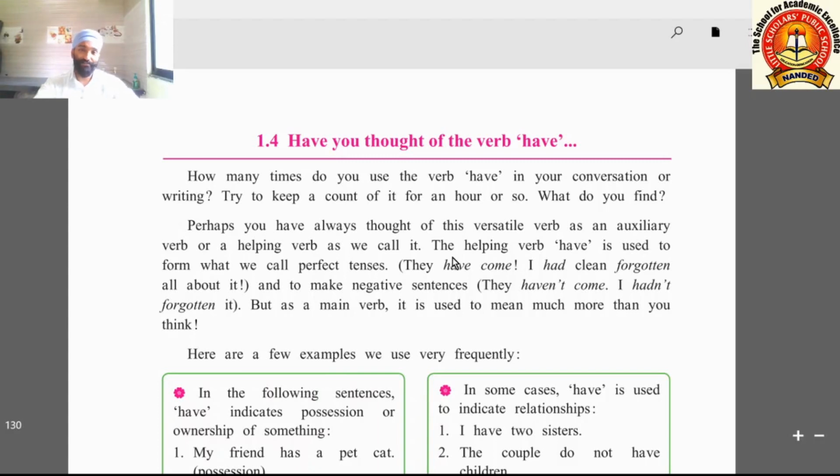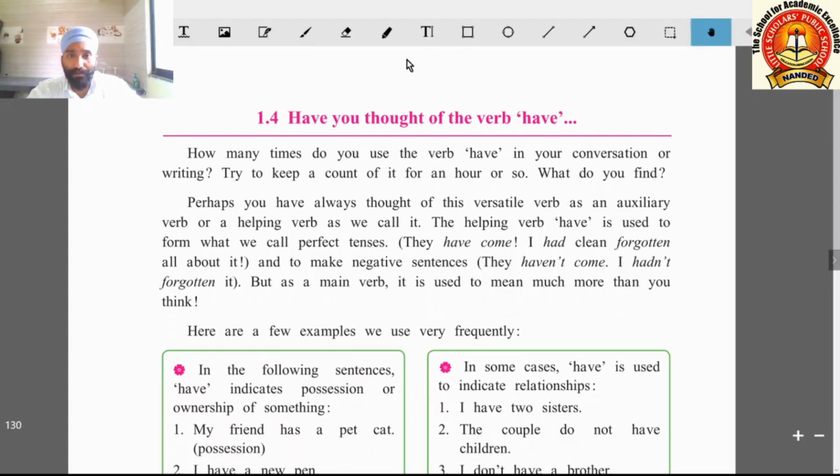So here the writer is asking us, have you thought of the verb have? Means how this verb have is used. Let us read the text of the lesson. How many times do you use the verb have in your conversation or writing? Try to keep a count of it for an hour or so.